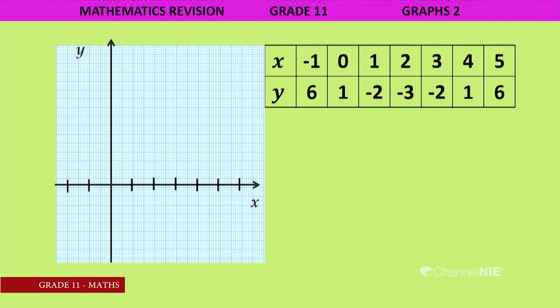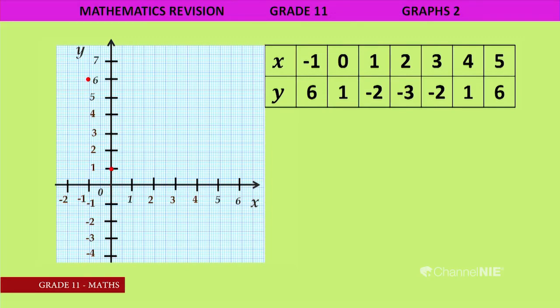Before marking points, give the values on the x-axis and y-axis like this. This is your first point: -1, 6.